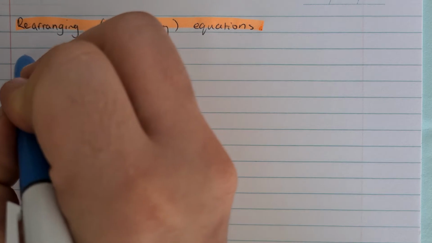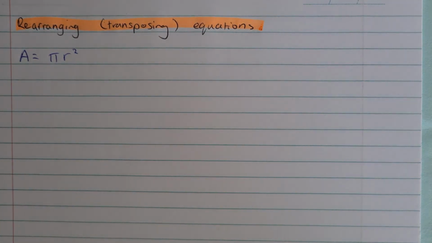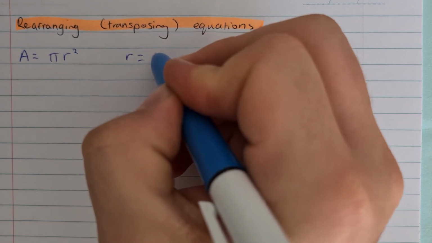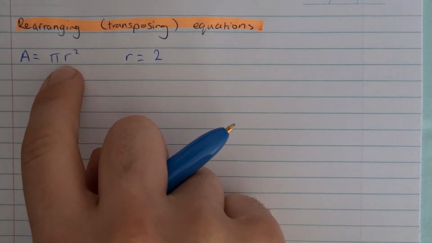So let's say you've got the familiar equation for the area of a circle. The area is pi times r squared. If the radius of the circle was equal to 2, we just need to substitute 2 in for that r.